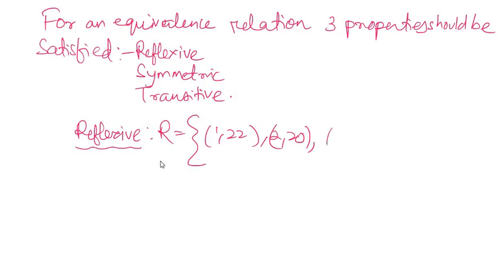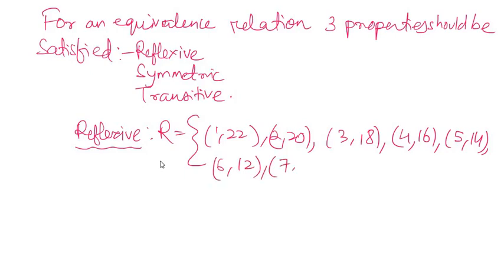similarly, we can write it as (3, 18), (4, 16), (5, 14). If you put the value of 6, you will get 12. For 7 it is 10.